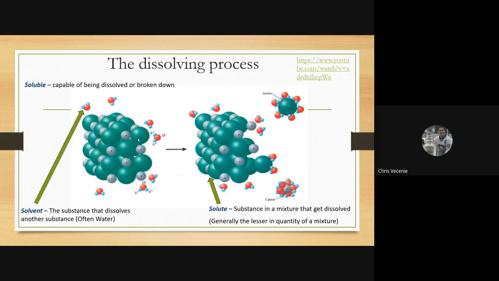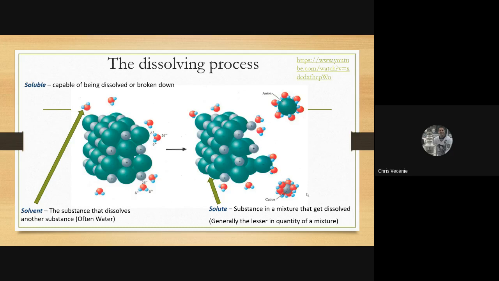So this chloride ion right here looked like it took 6 water molecules to tear it off. And that number varies substance to substance. 6 here for the sodium ion. But the solute is the thing that gets broken down. The solvent is the thing that does the attacking.